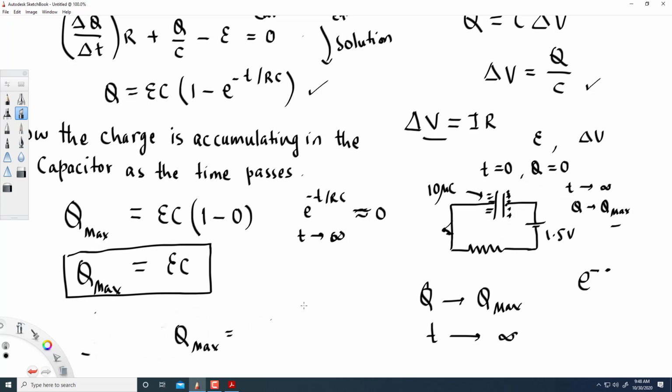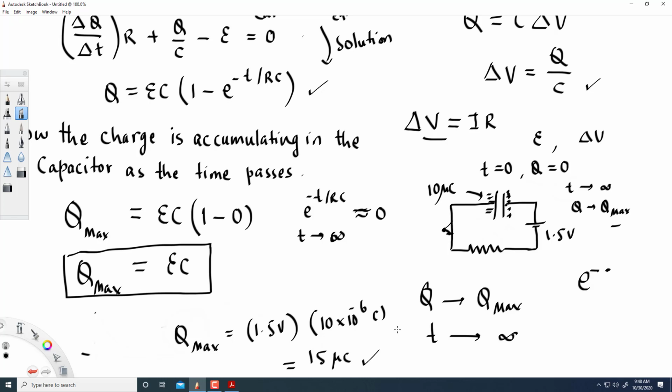So Q max would be, just for this example, E is 1.5 volts and C is 10 times 10 to the negative 6 farad. That would give us 1.5 times 10 to the negative 5, or 15 microcoulomb. So we got that.